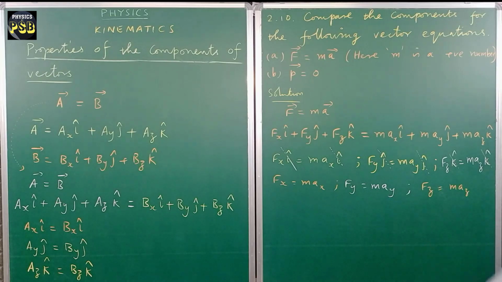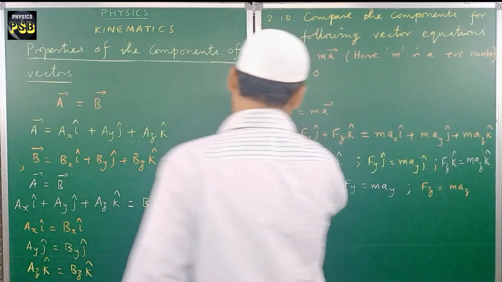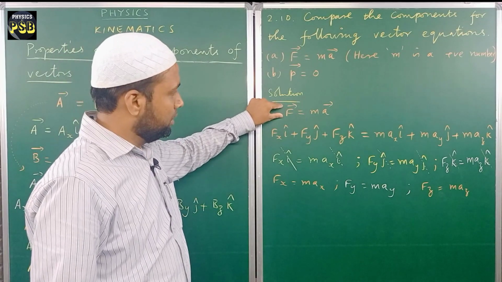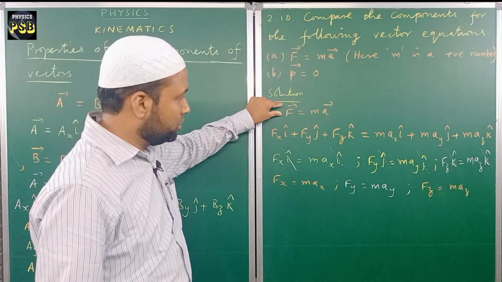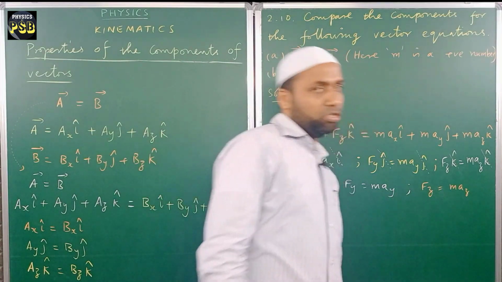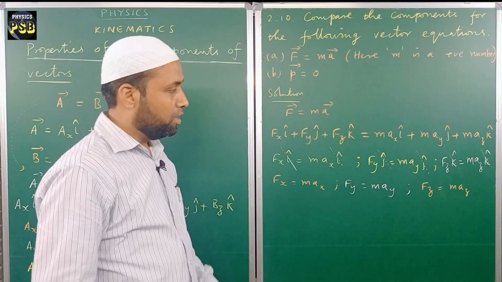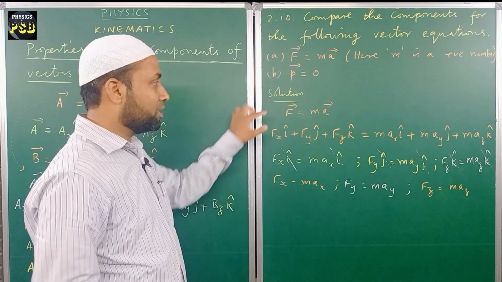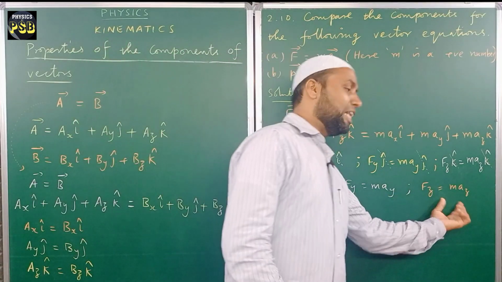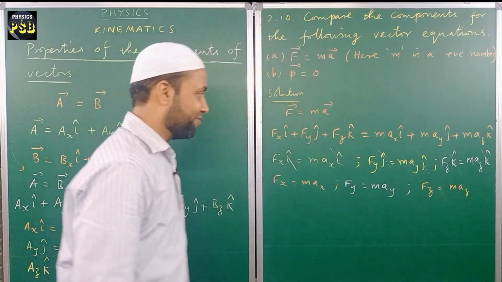Now this clearly shows that one vector equation gives rise to 3 scalar equations. Or in other words, one vector equation is equal to 3 scalar equations. This is what we understand from this.